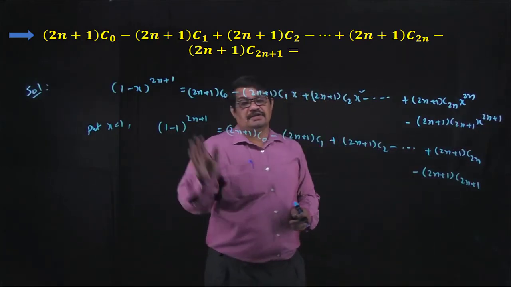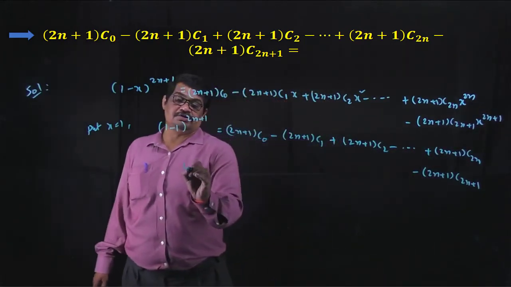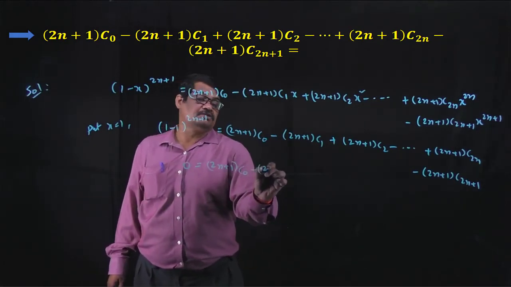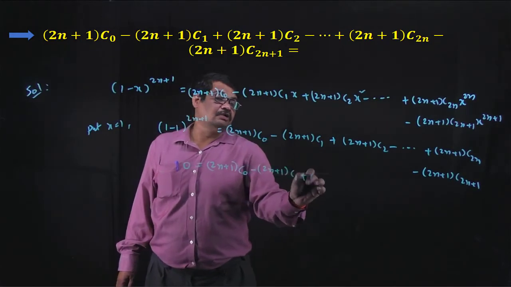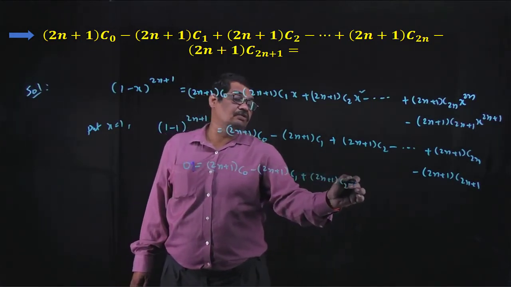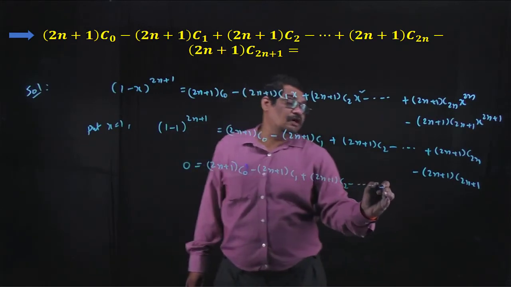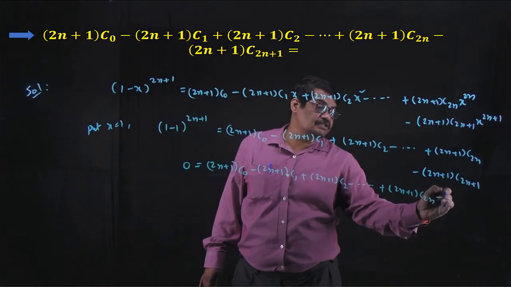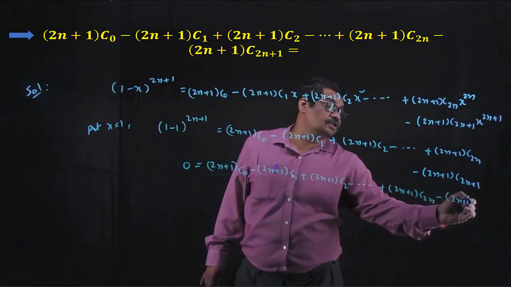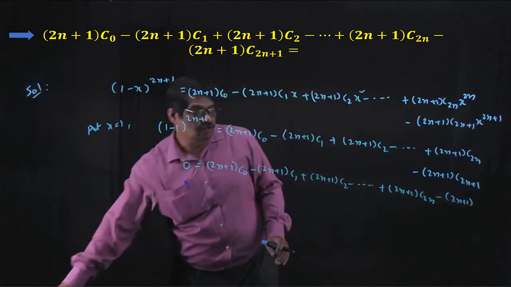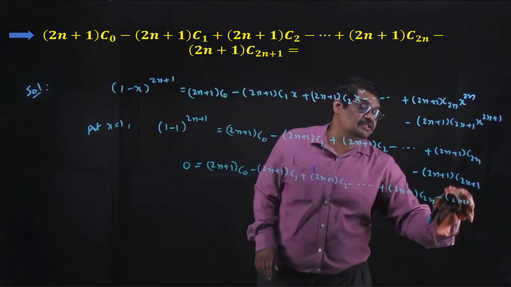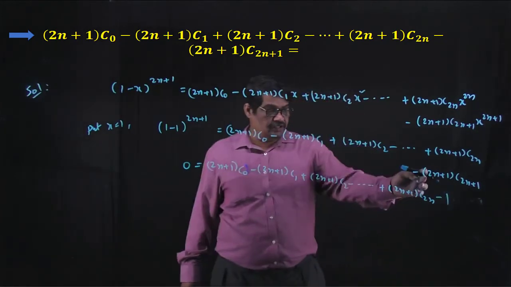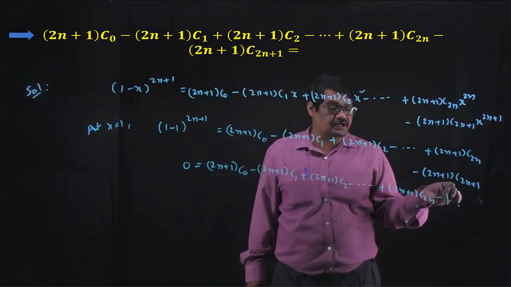The LHS is 0. So 0 = 2n+1 C0 − 2n+1 C1 + 2n+1 C2 and so on, 2n+1 C2n − 2n+1 C2n+1. This is nCn, that is nothing but 2n+1 C2n+1 = 1.